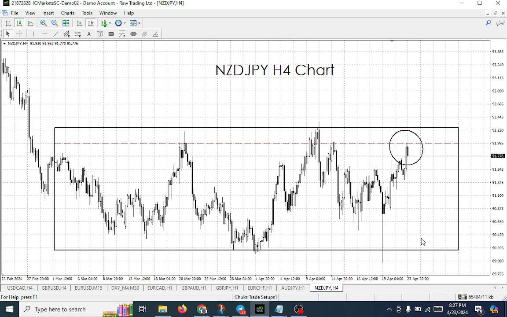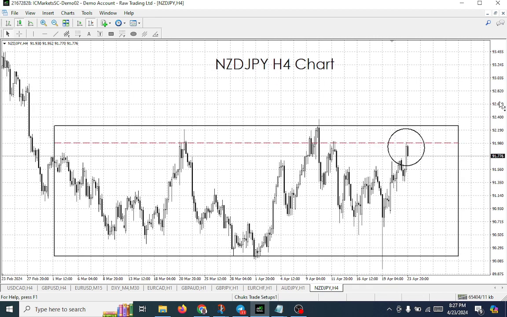So what we're looking for here is a shorting opportunity, guys. What that means is that we're looking for opportunity at this level and price will push down here, or possibly to the nearest structure.